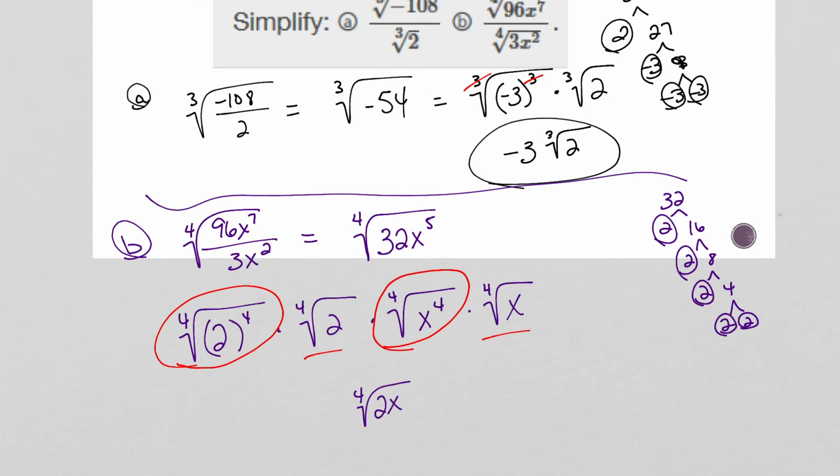And so what would this be is that cancels that, and that cancels that. So I've got 2 and x, but don't forget, now that I have an odd exponent, because remember that's a 1 up there, and we were taking the fourth root, I need the absolute value bars there. Okay? All right, there we go. Now we're done.